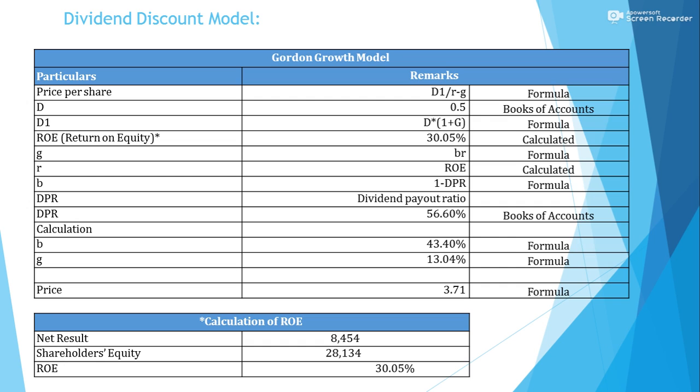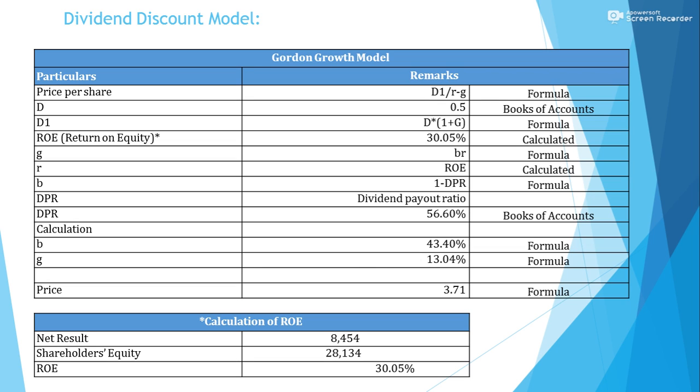How we have calculated using the Gordon's growth model is given herewith. The price per share is D1 divided by R minus G, where D1 is the dividend at the end of year 1, R is the rate of return, and G is the growth rate.